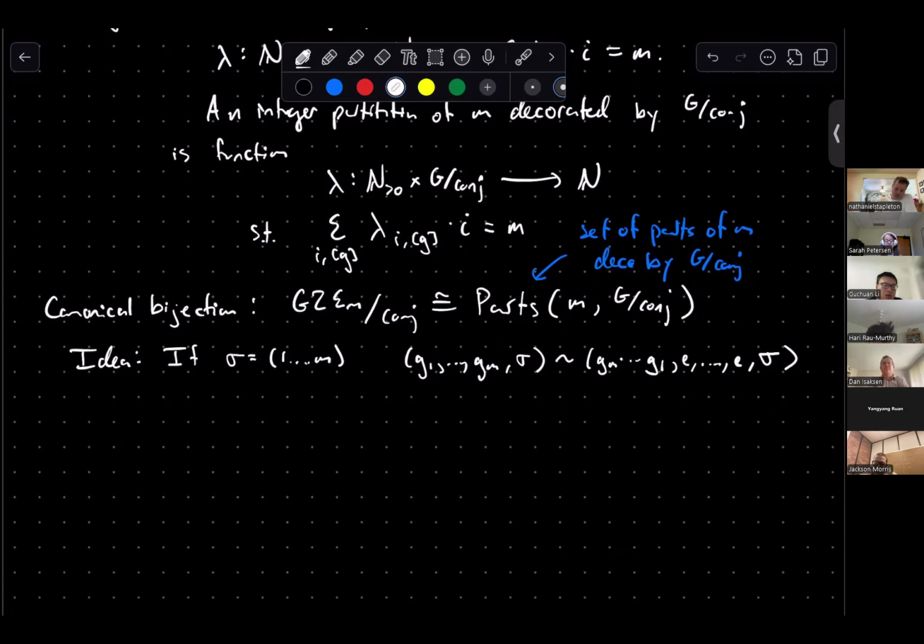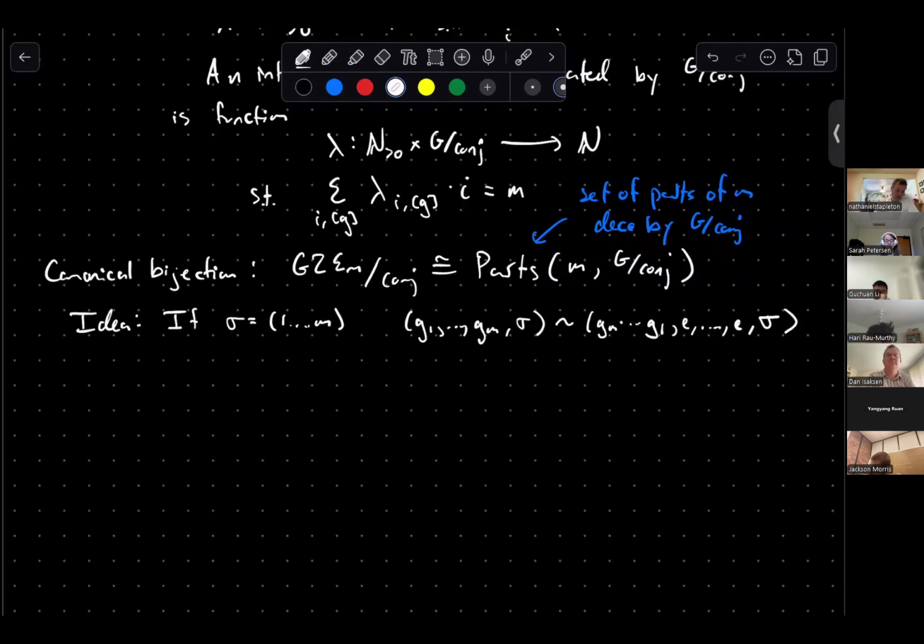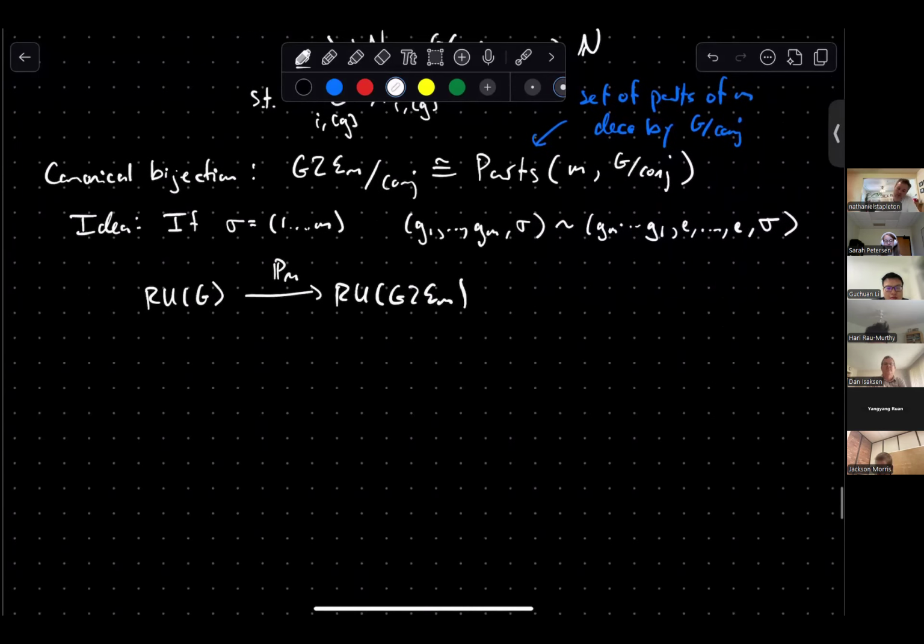Okay, so why are we doing this? Well, the point is the following. I said I wanted to understand the relationship between the power operation and the character map. What does that mean? Ideally, I take the power operation, which lands in R_U of G wreath sigma m, and I take the character map.